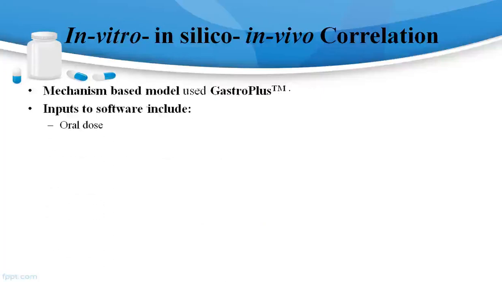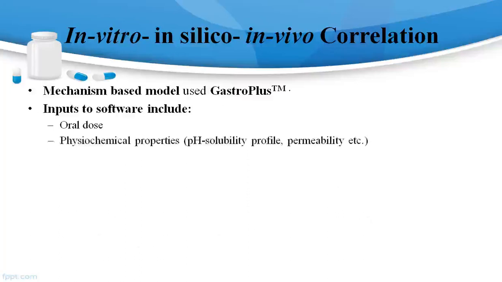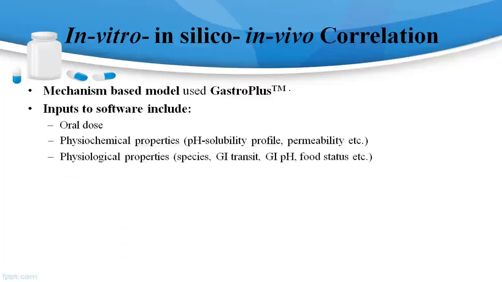Next is the mechanism-based model, that is GastroPlus. In this model, input to the software includes oral dose and physicochemical properties like pH solubility, pH profile, permeability, etc. Next are the physiological properties.